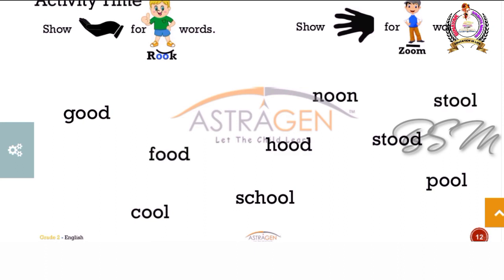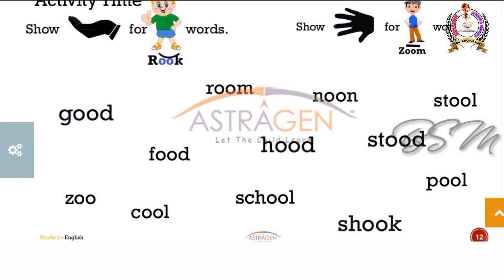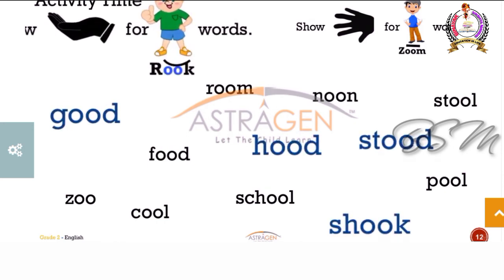Food. Long. Zoo. Long. Shook. Short. I shook you out of the long words, isn't it? Room. Long again. So children, the short sounds are good, hood, stood and shook. And the rest of them are long.